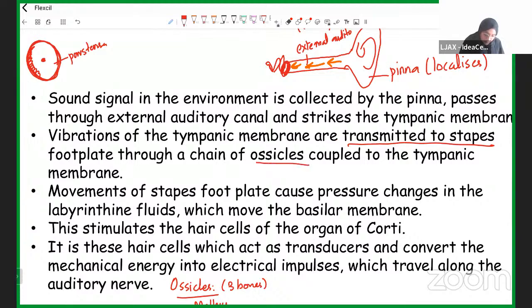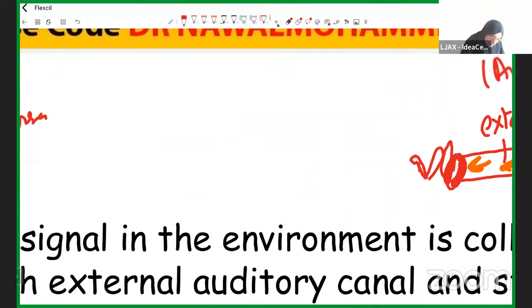Here, ossicles means the 3 bones, and those bones are attached to the tympanic membrane. So the movement of the stapes foot plate. The stapes is like this in structure. This is the foot plate of the stapes.